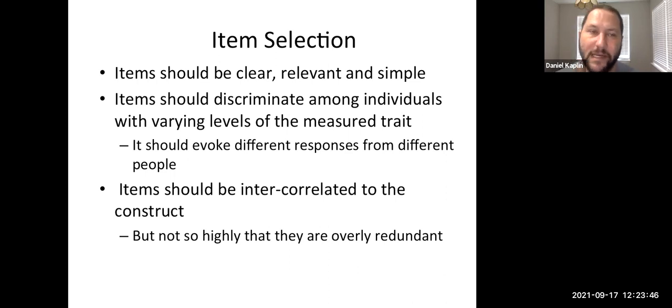And what that might indicate is that you had multiple items that were basically asking the same thing. And that's why you got such a strong correlation. And if you do get that, you want to look at each individual item relative to the other items and get rid of any overly redundant items.